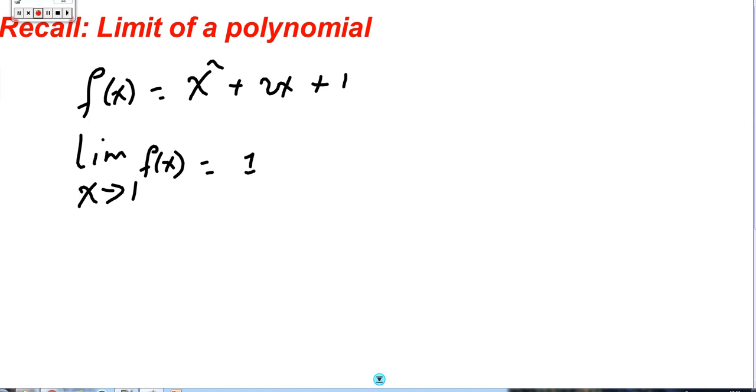So it will be 1 squared plus 2 times 1 plus 1. That will be your limit, which is 4.